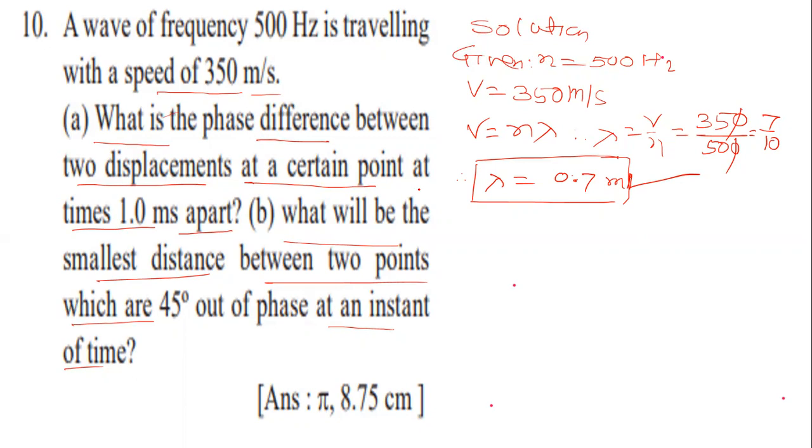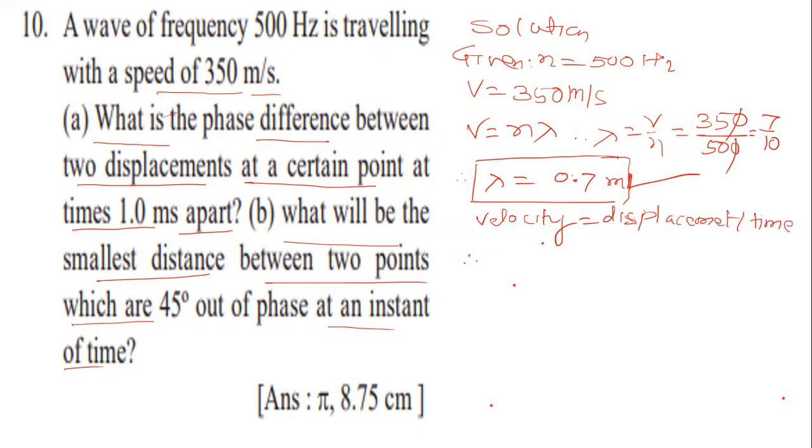Here, the separation between these two displacements can be obtained by this formula. Velocity is equal to displacement divided by time.